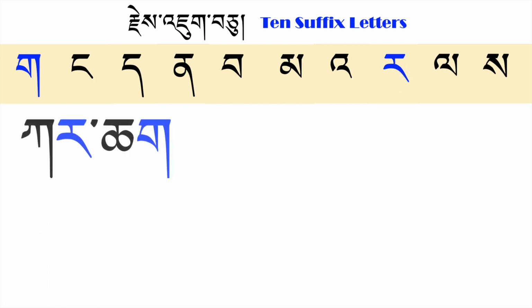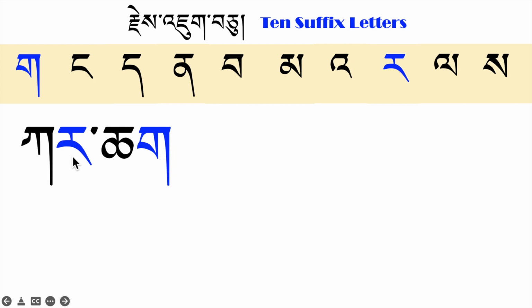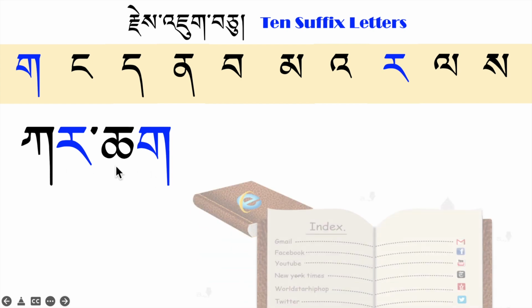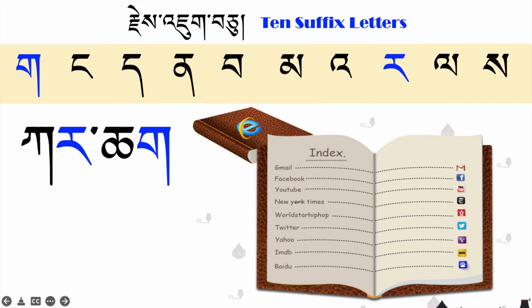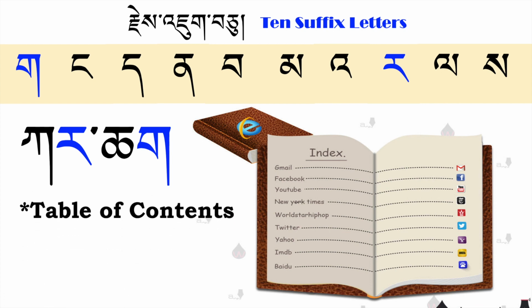Okay, let's start. Ka ra kar, cha ga chak, karchak. Karchak means table of contents or index.